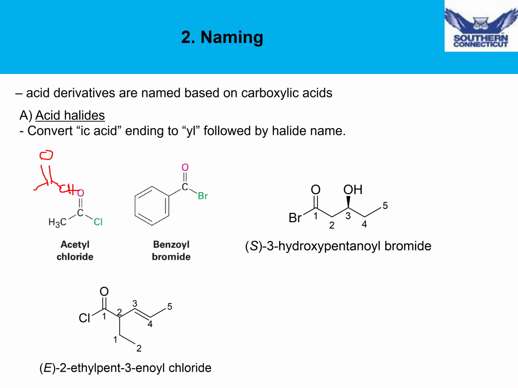If we replace the OH group with the chlorine, we have acetyl chloride. So we derive the name from the carboxylic acid, which is acetic acid. We change the -ic acid ending to -yl, so acetyl, and then add the halogen, which is chloride. So acetyl chloride would be the name for that compound.